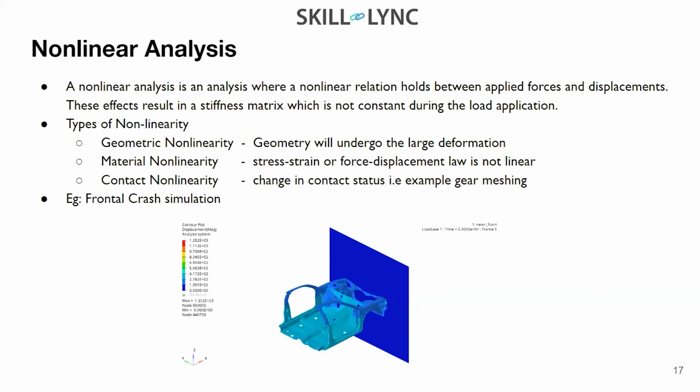Now on what basis can we say that? That we are going to see. I will show you the demo for the frontal crash, and there I will try to explain what we are trying to find out.